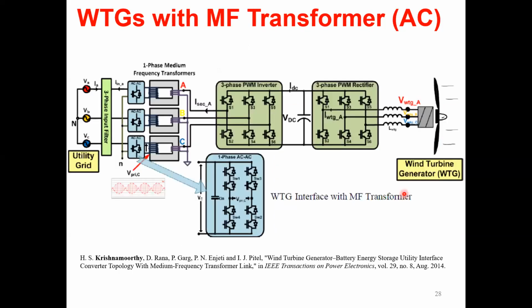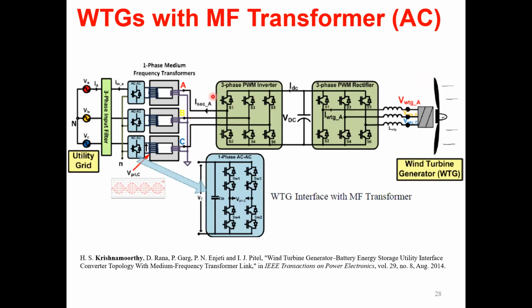So what we did, just for a land-based application probably, is come up with a solid state transformer based approach. Assuming a direct drive wind turbine, you can have a three-phase PWM rectifier and then a three-phase PWM inverter.